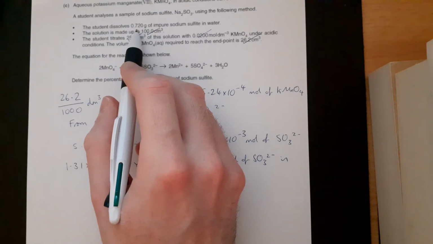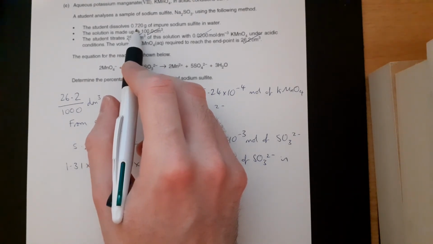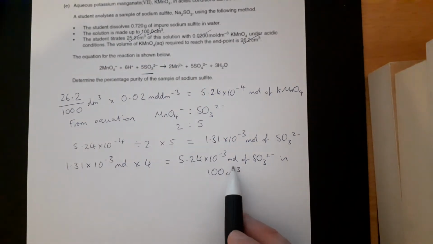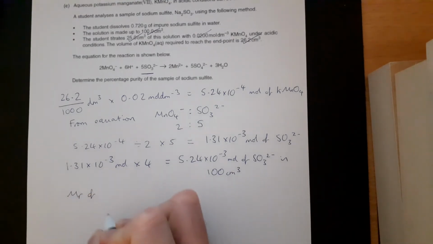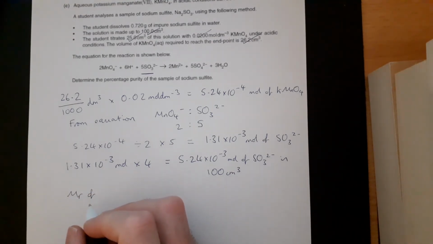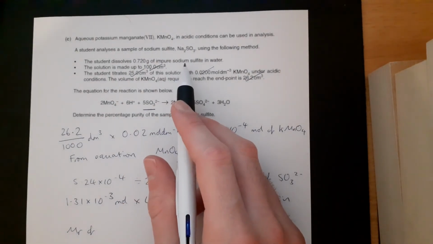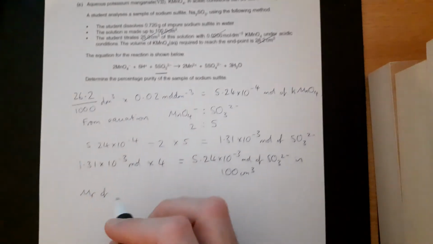So now all we've got left here is the mass to use. So what we want is to calculate the mass and then do it as a percentage. So if we've got moles, we now need to times this by the formula mass to get the mass. So we want the MR of the sodium sulfite. So we want to use the sodium sulfite, right? Not just the sulfite ion. So we want to use Na2SO3.